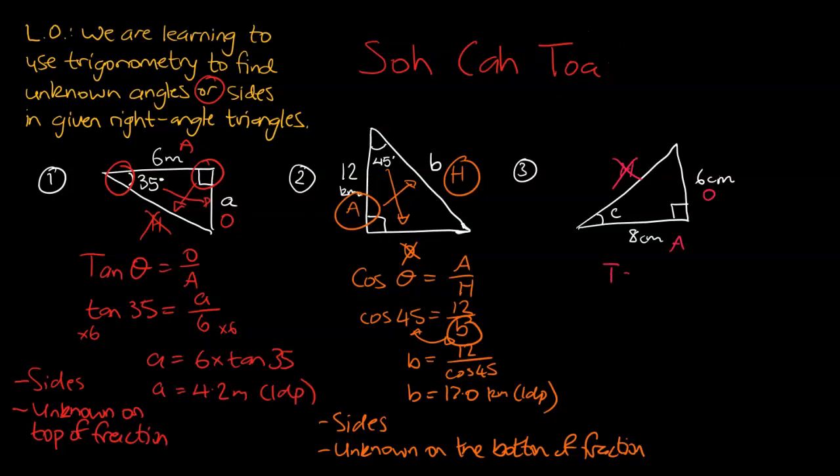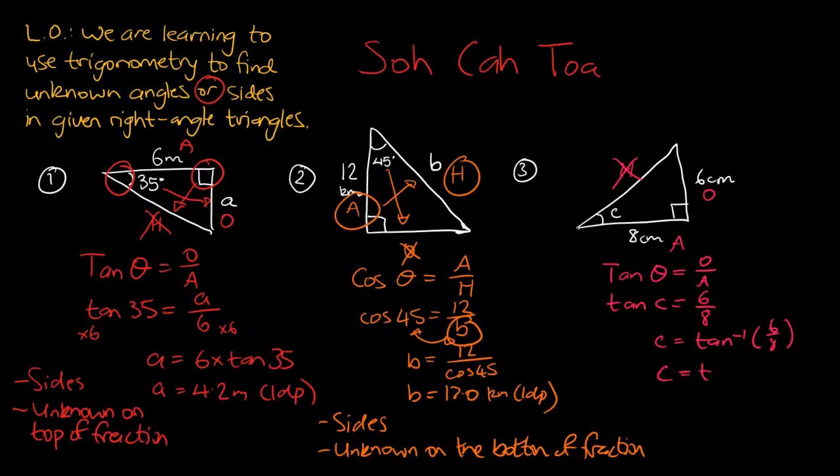So we've got tan angle equals O divided by A. We're now going to substitute. The angle we've called C, that's our unknown this time. We're trying to figure out the angle. Angle C is equal to 6 divided by 8. So C is going to be equal to inverse tan of 6 divided by 8.